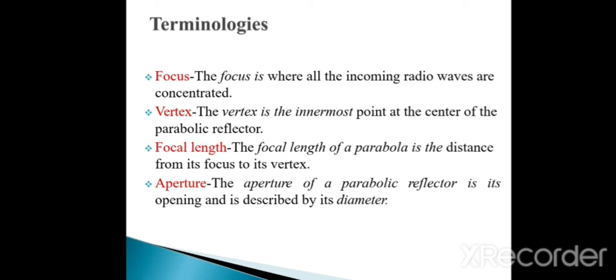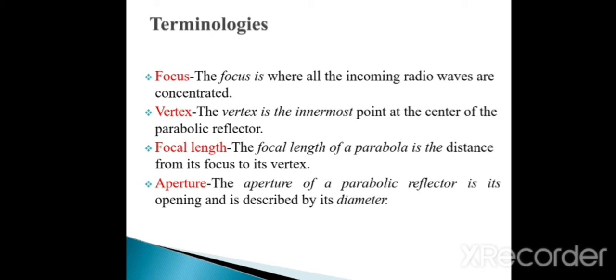So therefore, these points are very important here. The vertex is the innermost point at the center of the parabolic reflector. This is called the vertex. And the focus, as we already know, is the particular point where all the incoming radio waves are concentrated. Next we come to the focal length.